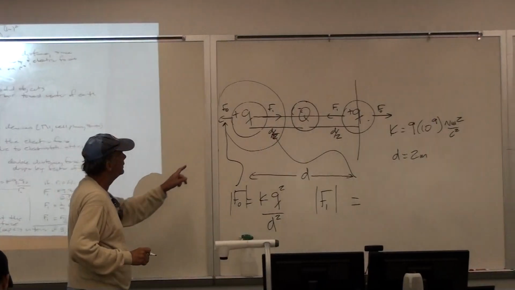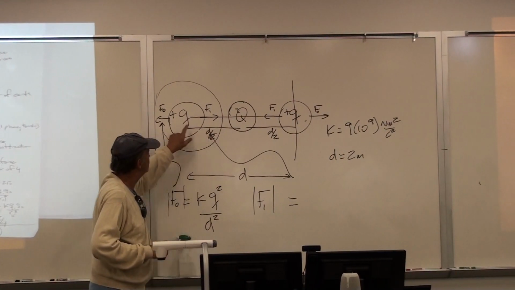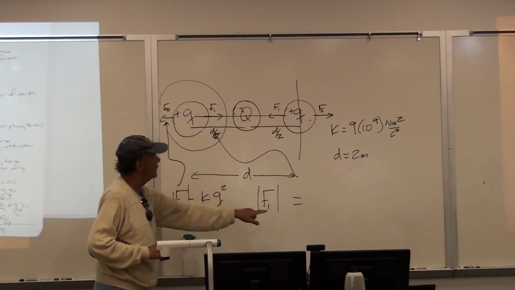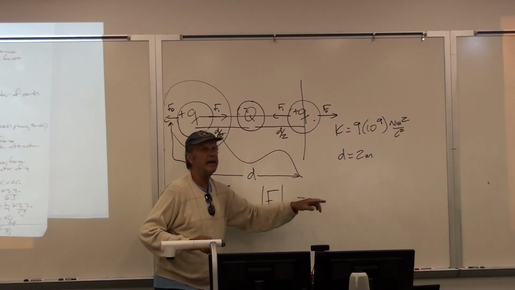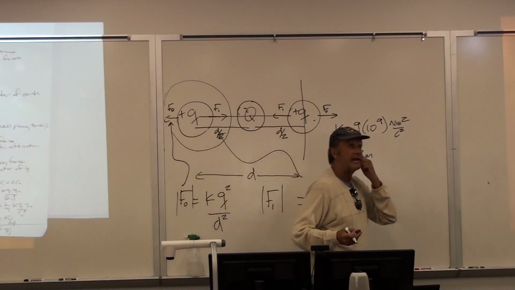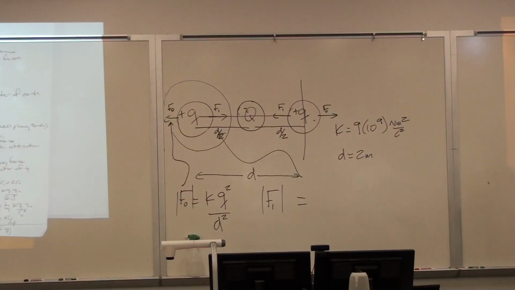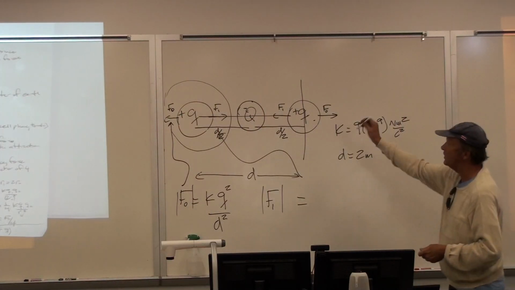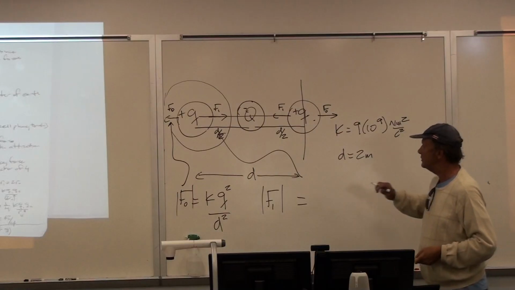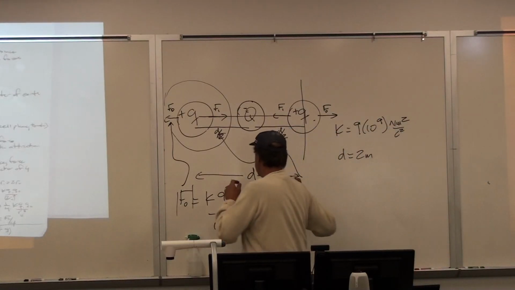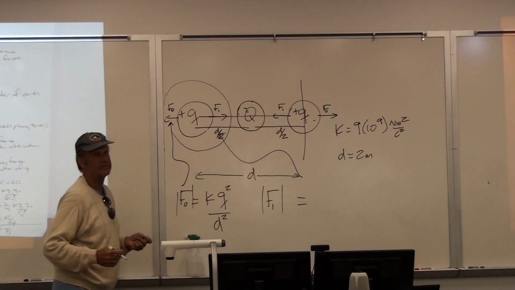I don't go in here and say, well, this is a minus q, this is a plus q, and so I'm going to make this negative. Because then I have to decide what negative means with respect to the coordinate system I've chosen, which is confusing. You're constantly changing your coordinate systems. So just look at the magnitudes here. Kill all minus signs is what that means.